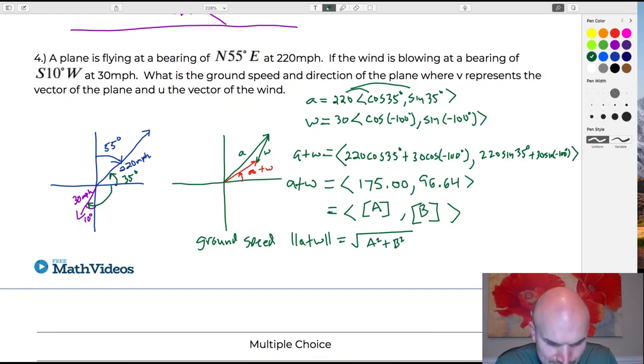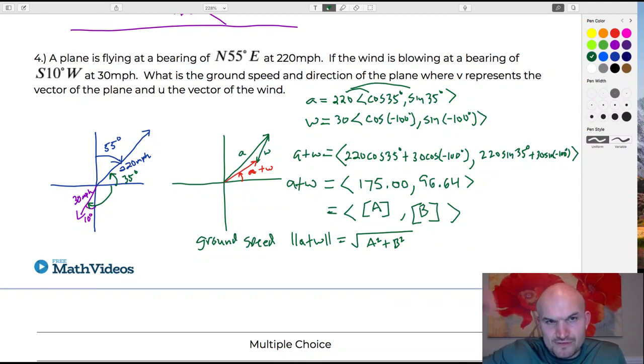So I'm just going to do the square root of stored A. What's happening here? Oh, that's it. The square root of A squared plus B squared. And I get 199, which makes sense, right?